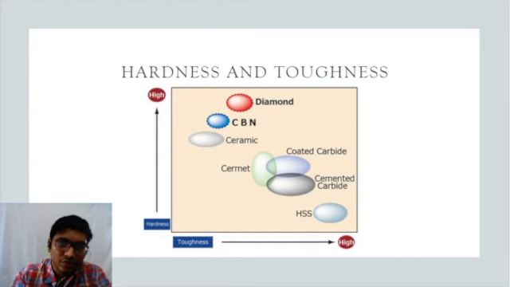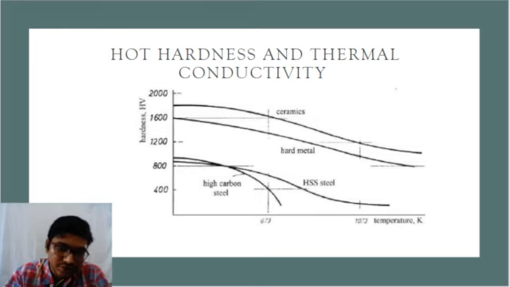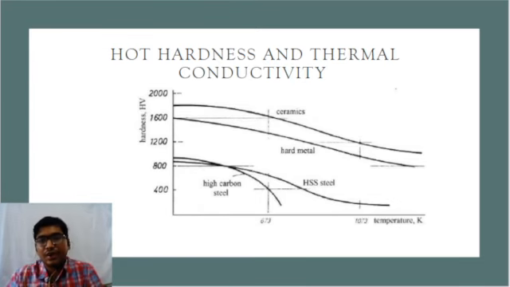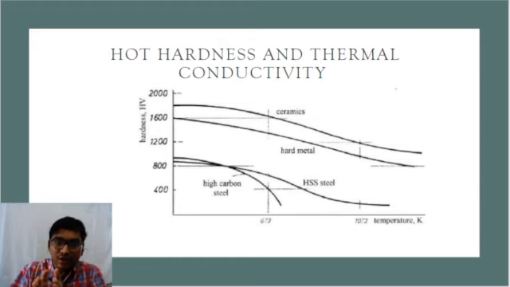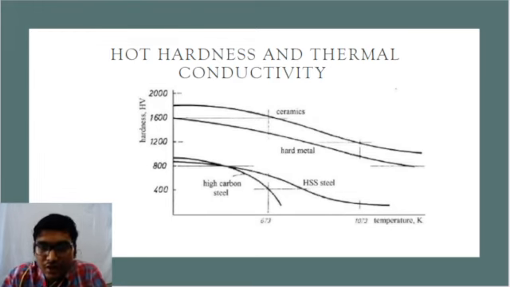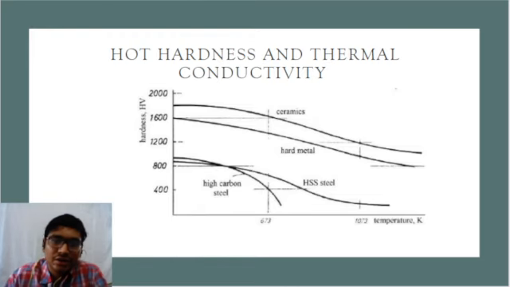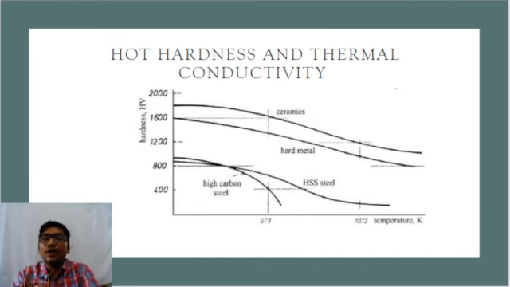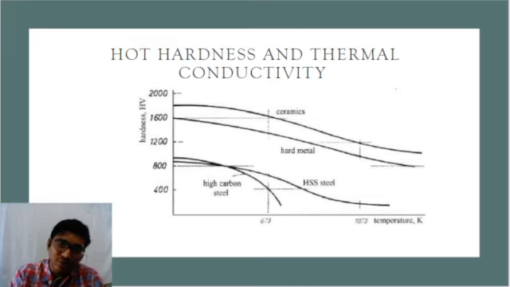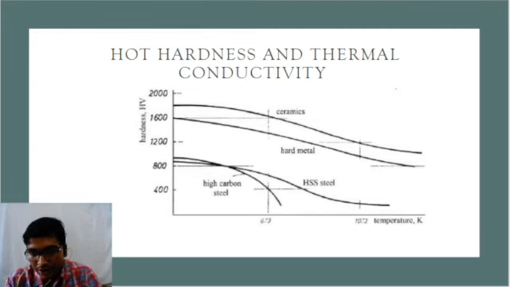Next we are going to see the graph between hardness and temperature. It will tell about the thermal conductivity and hardness also. As we see in the graph, in high carbon steel the hardness decreases dramatically when the temperature increases, so we can conclude that it has low hot hardness.